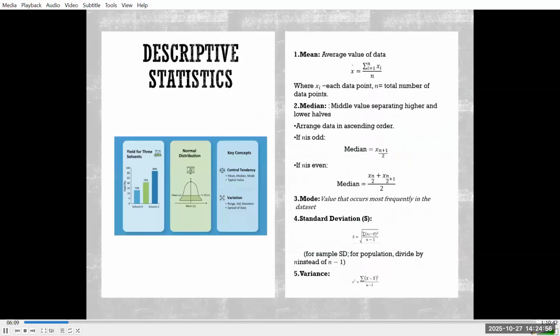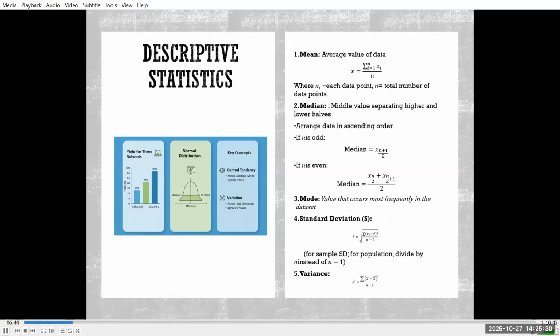Let's come to the descriptive statistics. Descriptive statistics are methods used to summarize, organize, and describe the main features of the data. They help us understand what the data look like without making predictions and inferences. In simple words, descriptive statistics turn raw numbers into meaningful summaries like the average, range, or the spread of your data.